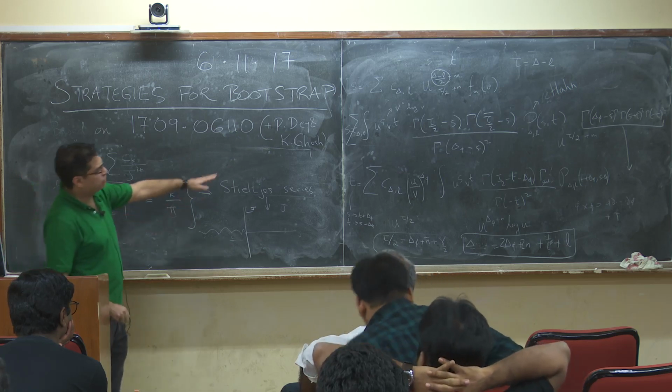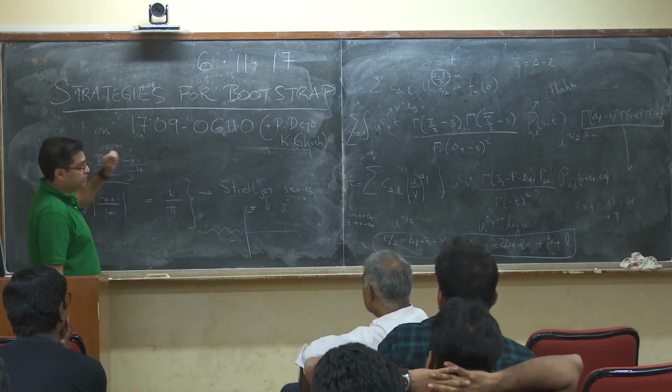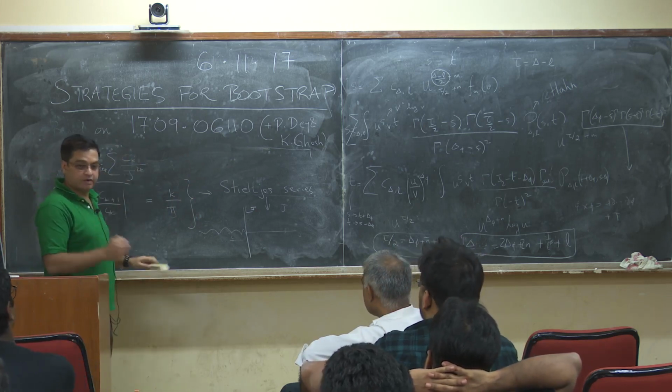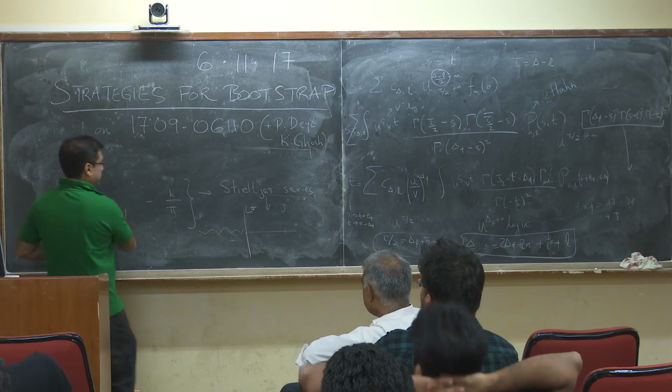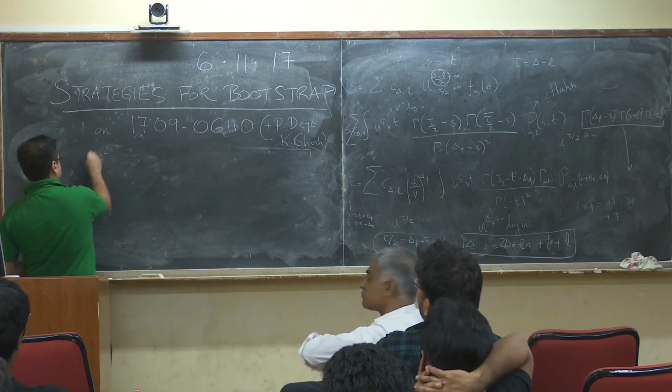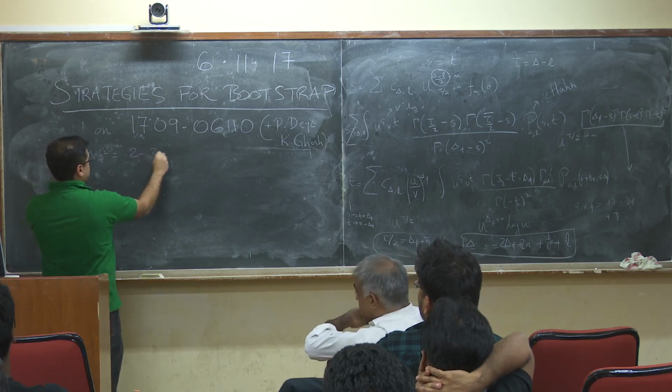There are a bunch of other applications also for this closed form expression, in particular by doing almost nothing. I'll leave it as an exercise for anybody who wants to get into the bootstrap game. The dimension of delta phi squared is known to be 2 minus 2/3 epsilon.